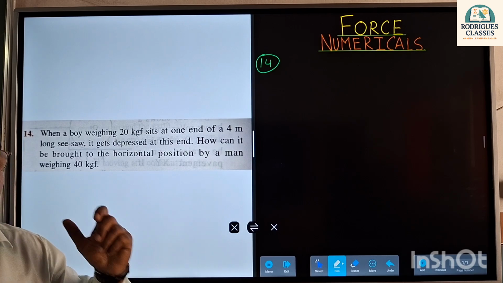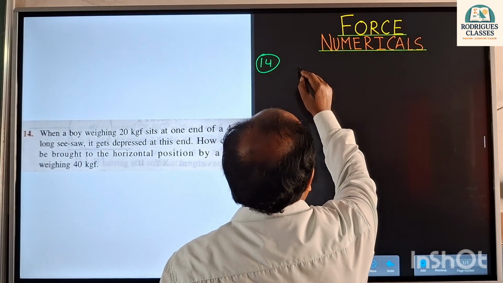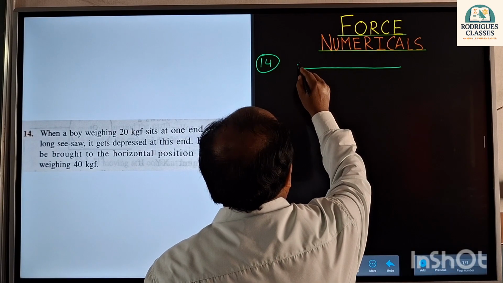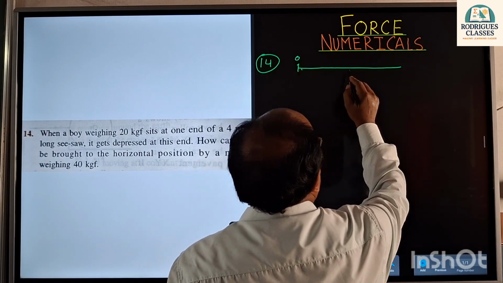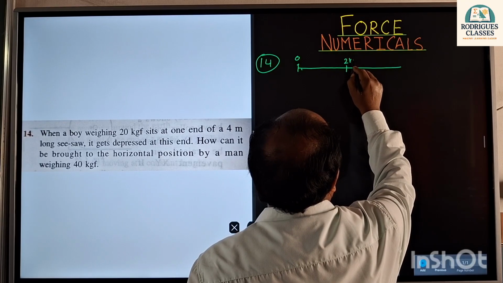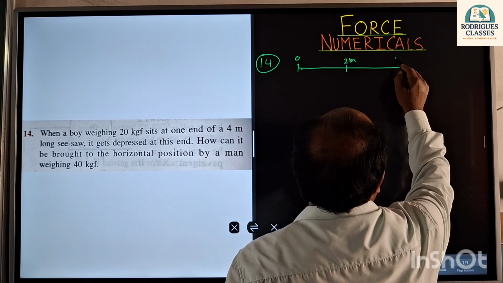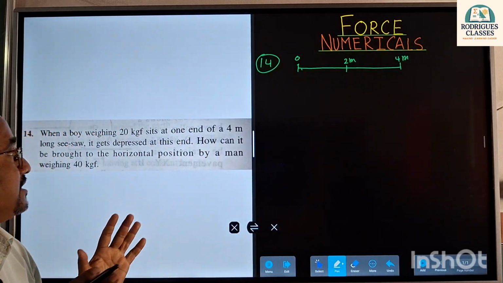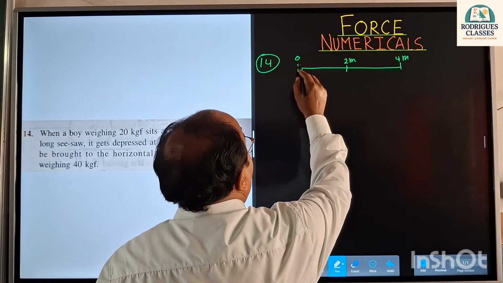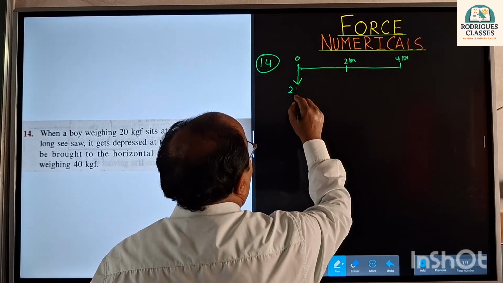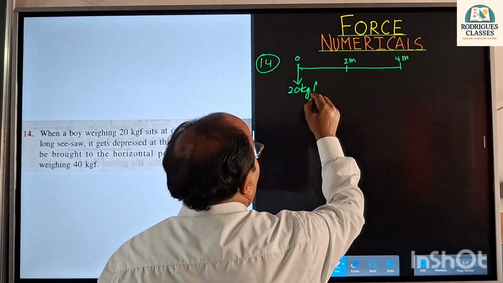Okay, so going with the diagram first. So this is completely 4 meter. So 0 here, middle part will be your 2 meter and the end part will be your 4 meter. Now boy weighing 20 kgf sits at one end, so I am taking him to be sitting at this place, so that is 20 kgf.